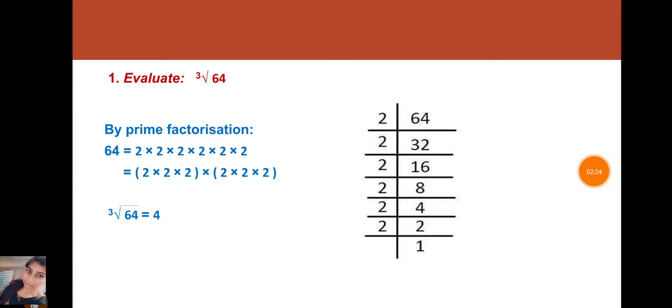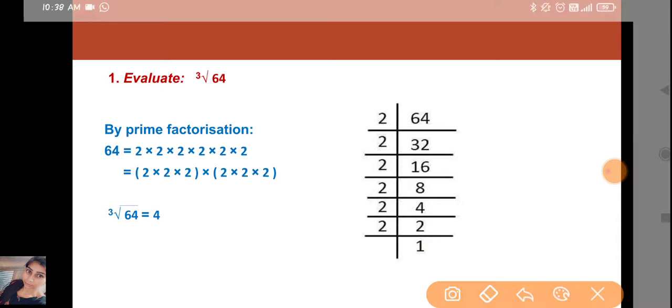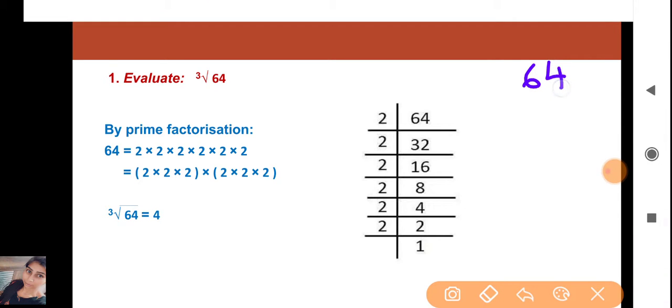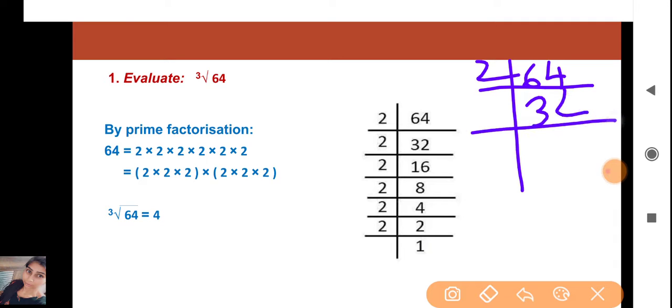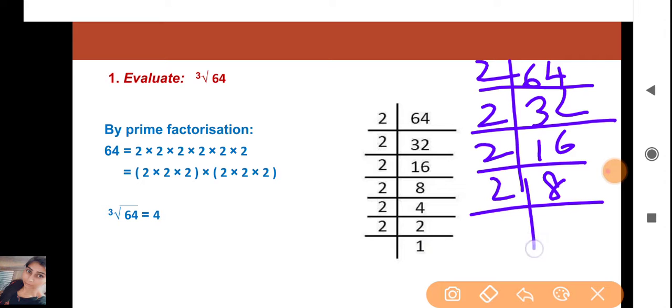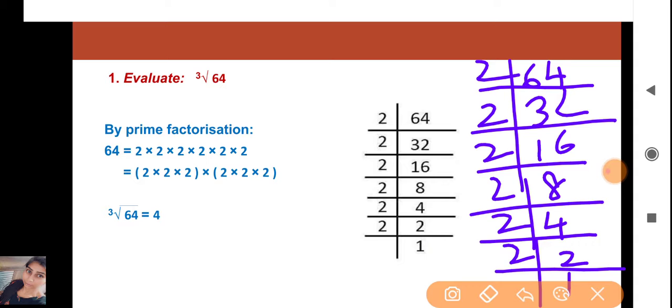See, the first question is 64. So let us find the cube root of 64. 2 3s are 6, 2 2s are 4, 2 1s are 2, 2 6s are 16, 2 8s are 16, 2 4s are 8, 2 2s are 4, and 2 1s are 2. Now let us make triplets, 1 2 3, 1 2 3.